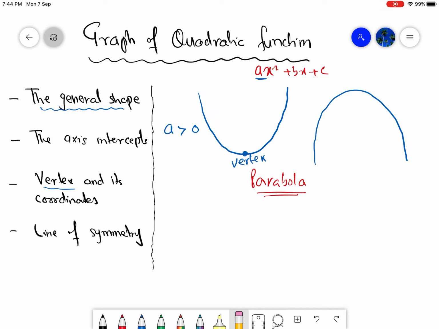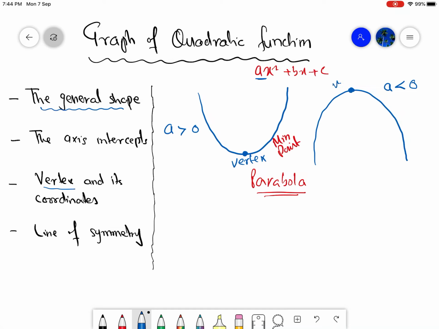Let me write it down here. Vertex is the minimum point. And if the coefficient of x squared is negative, that is, a is less than 0, then you will end up with an inverted parabola, right?